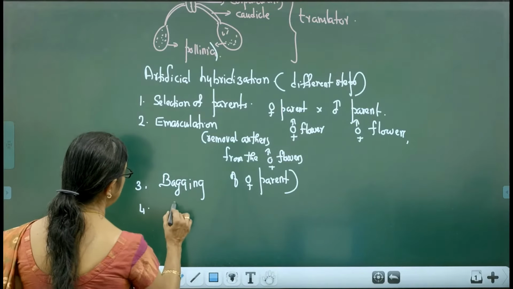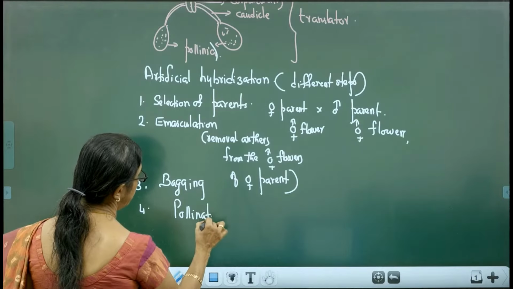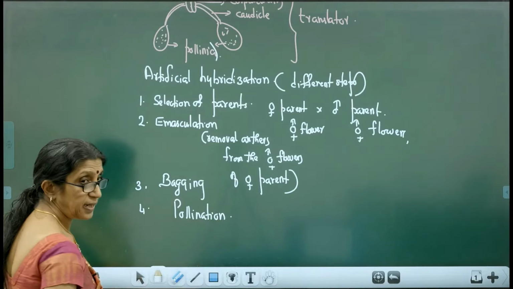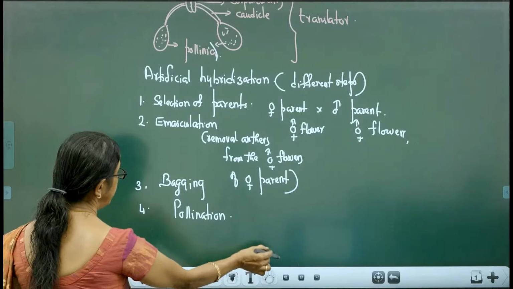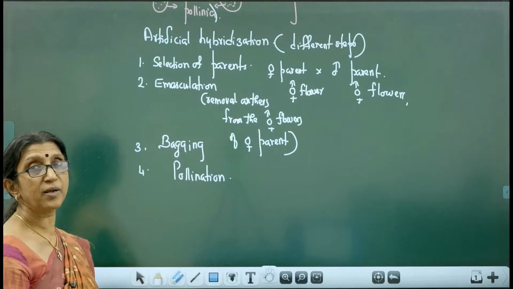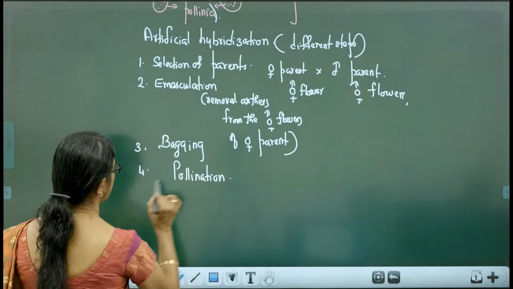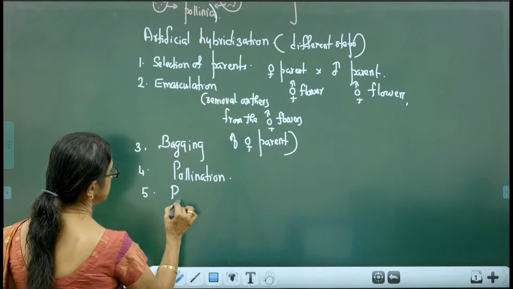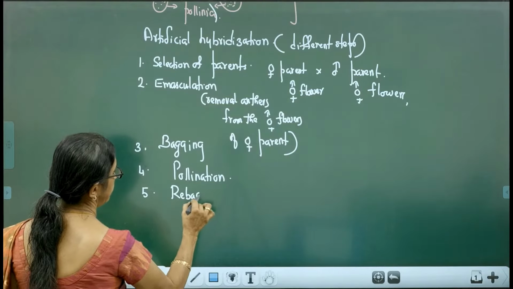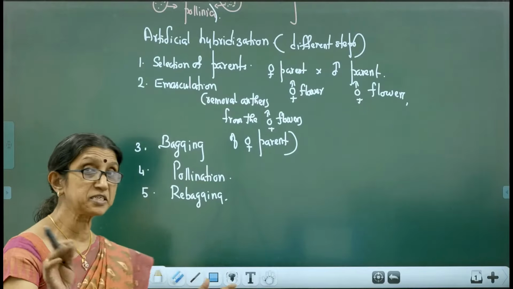The next one, pollination done by the breeder itself. And soon after pollination, we have to put the bag again over the pollinated flower. So the next one, rebagging. What is the need of rebagging? Pollination is already over.